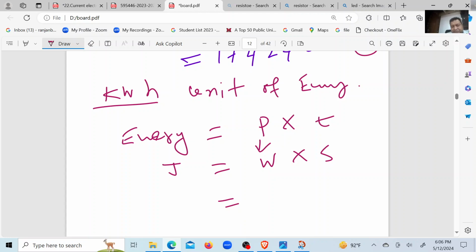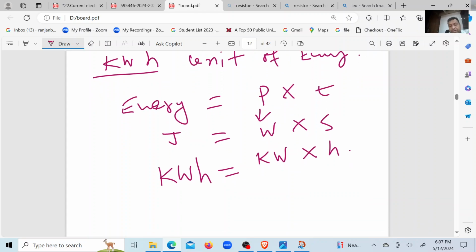But what if you express the power in kilowatt and time in hour? This is more realistic because normally we operate devices for a few hours, right? So kilowatt into hour is also a product of power and time, so it must be energy. The unit will not be joule, but it is energy. So it is kWh, kilowatt hour. Got it, everybody?